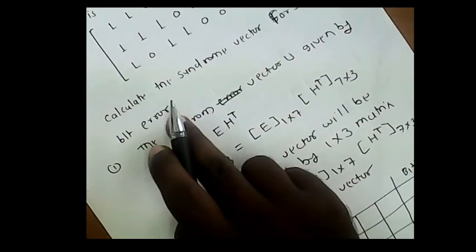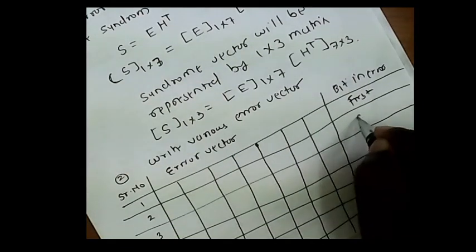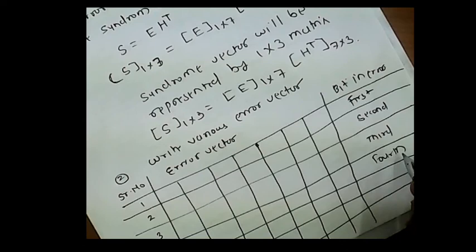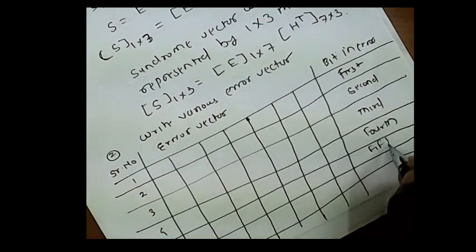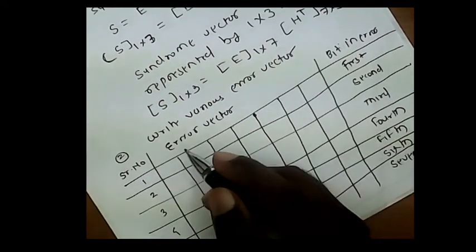Remember, we have to calculate the syndrome for each single bit error. So the error will be in the second bit, third, fourth, then fifth, then sixth, and then seventh. So there is a single bit error.